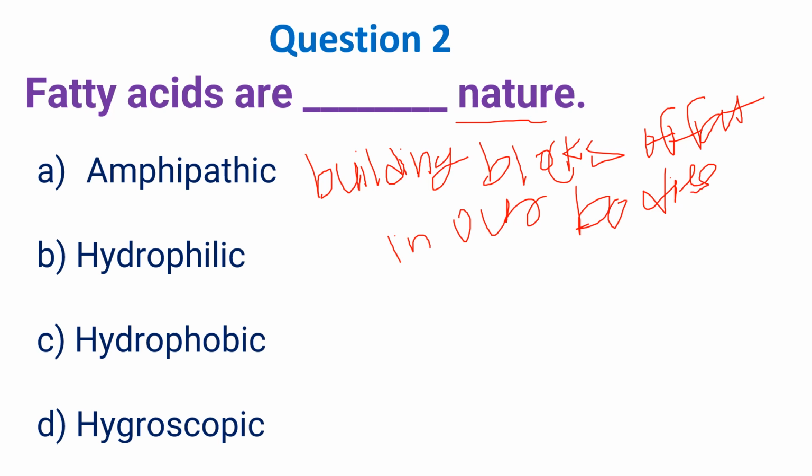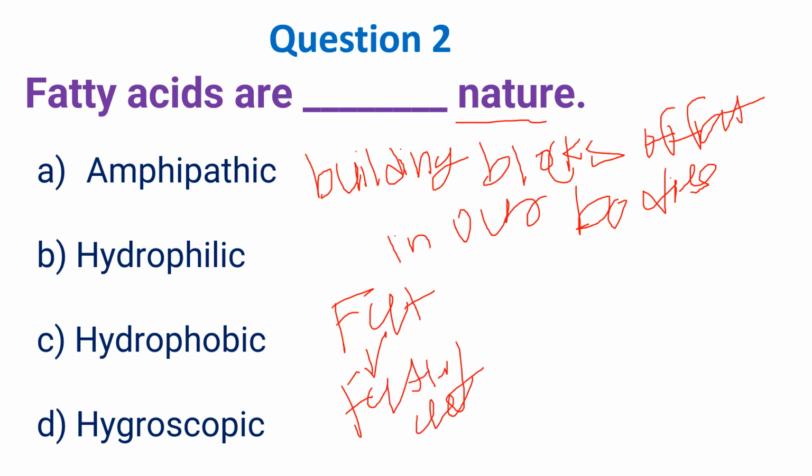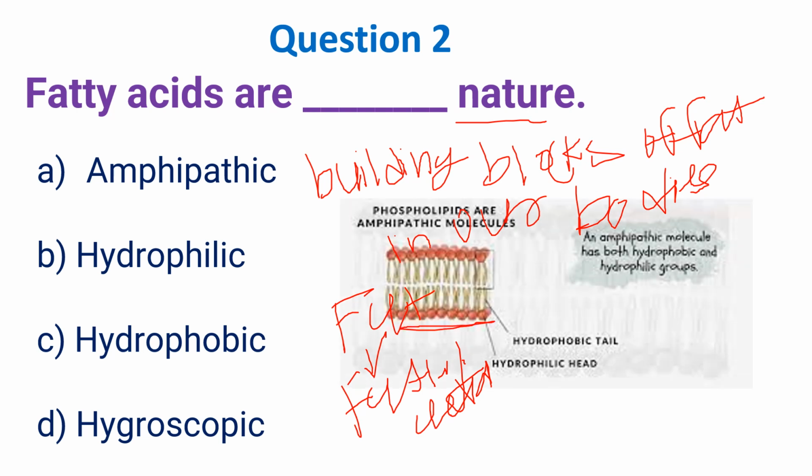In the food we eat, during digestion, the body breaks down fat into fatty acid. We can see that this is the structure of fat.